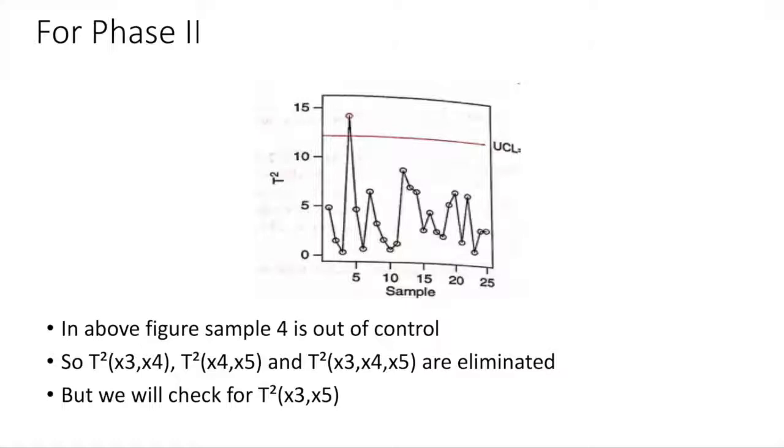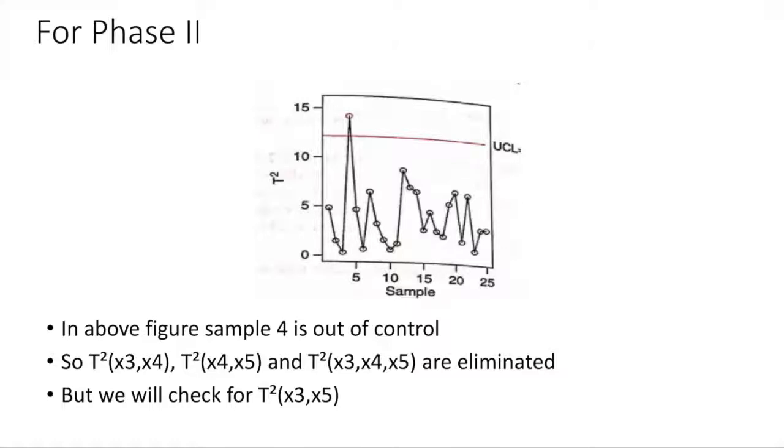So what we do is first compute the t statistics, then we calculate the mean and variance, then we see if any value is going way above the UCL value or not. If the value is larger than the UCL value, then we exclude it. Then we construct the t statistics again for the combinations of the remaining variables after excluding that.